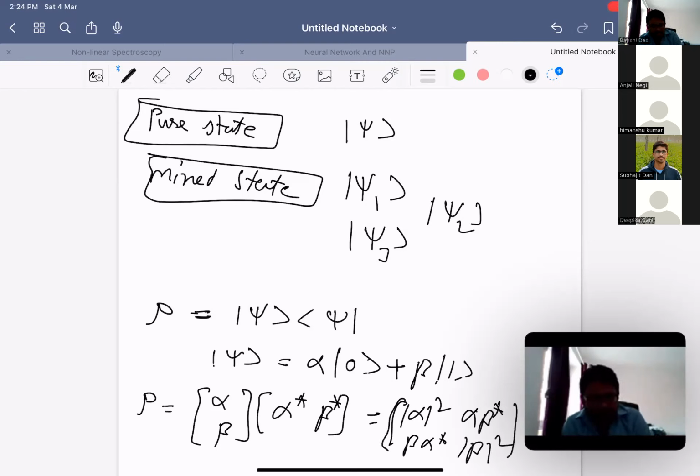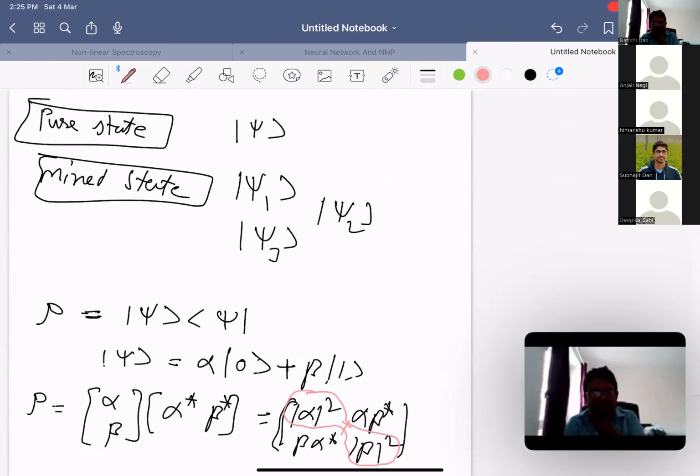So this is the density matrix for a pure state, and the sum of the diagonal elements is the trace of the density matrix.